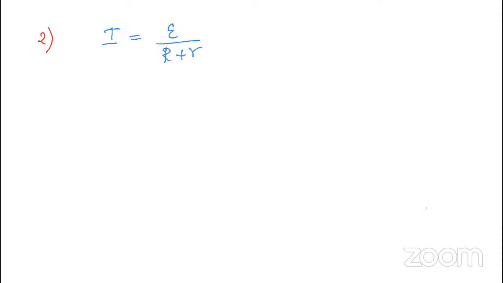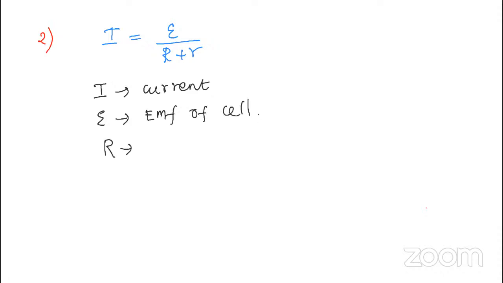Here I is the current value, E is the EMF of the cell, and R is the normal resistance connected in series. Then small r is the internal resistance.